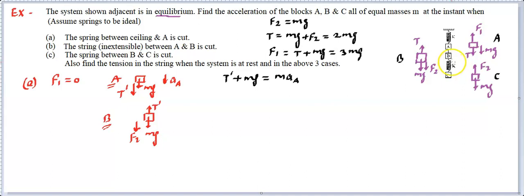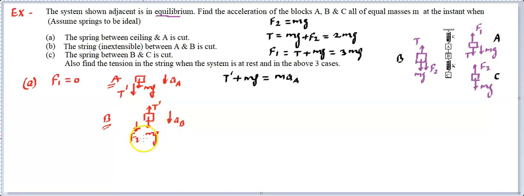That means whatever the elongation was will remain there, because for elongation to change it takes certain time: first acceleration comes, then velocity, then displacement, then the elongation or compression changes. So the spring force F2 will remain as it was, but this tension might have changed, so we are considering it as T dash. And this might start moving downward with acceleration AB, so we can solve for this AB.